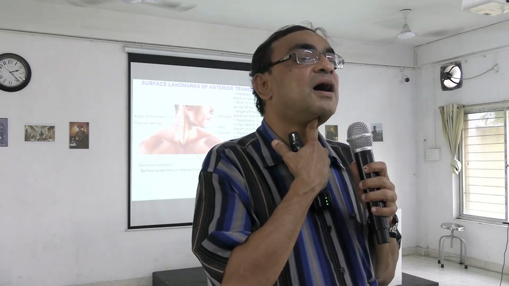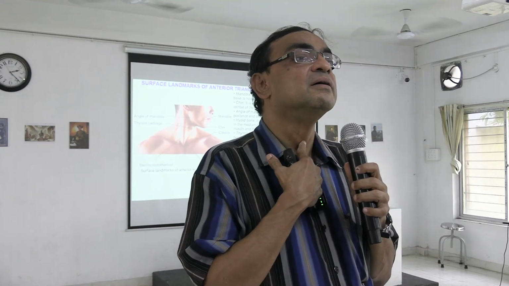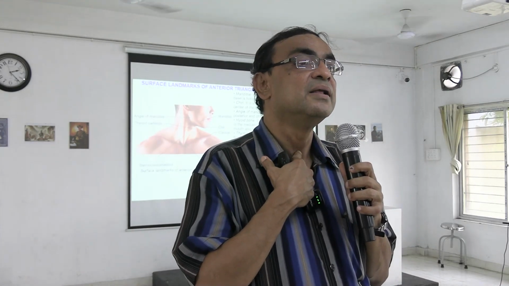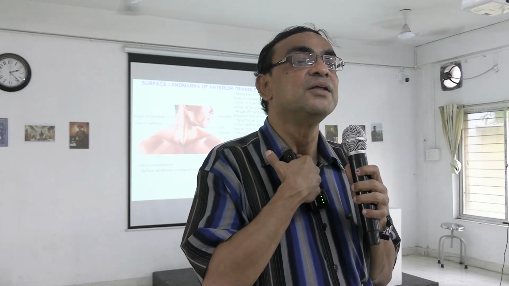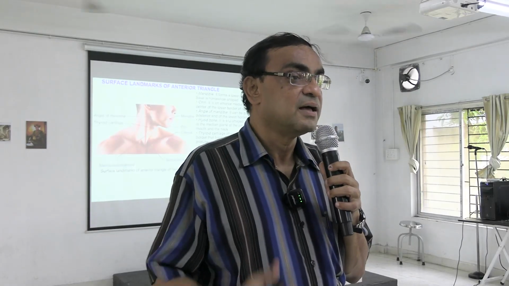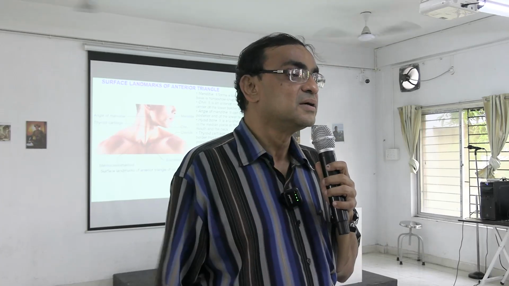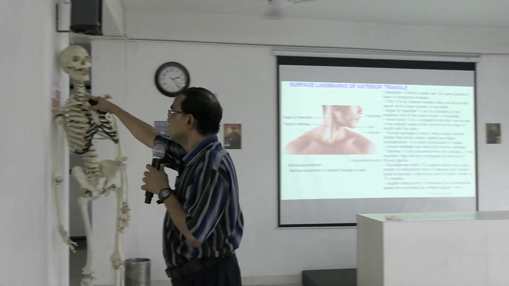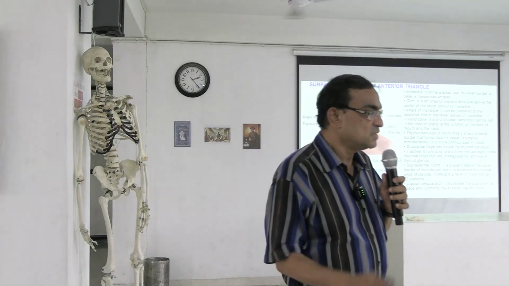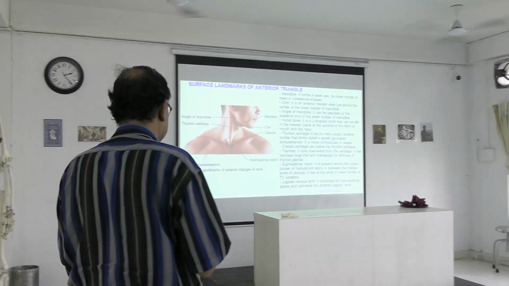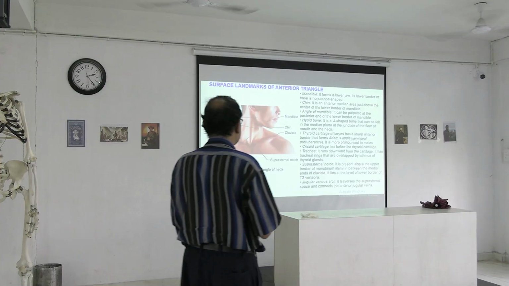So chin, thyroid, then we can feel the isthmus of the thyroid gland, then if we press, you can feel one cartilaginous tube-like structure, that is the trachea, and just then more below we can get the suprasternal notch. Okay, so these are some structures we can get.